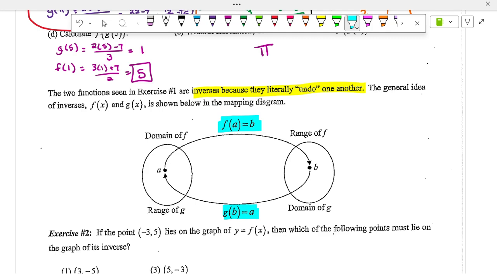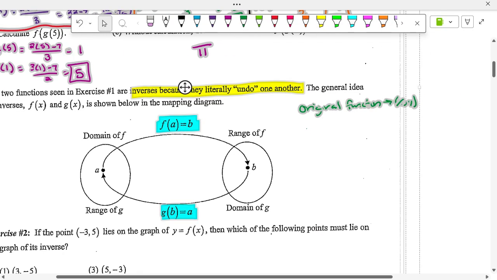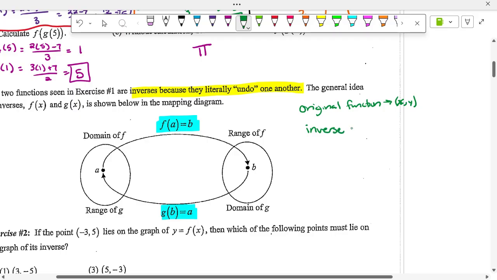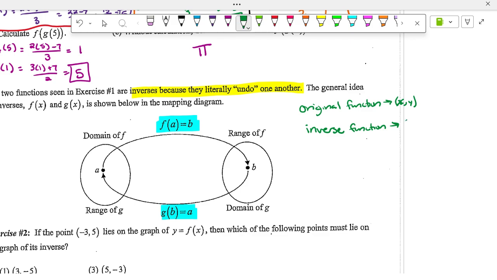That's just a very fancy way of saying that if we're given the point x, y in an original function, its inverse function would be the point y, x.